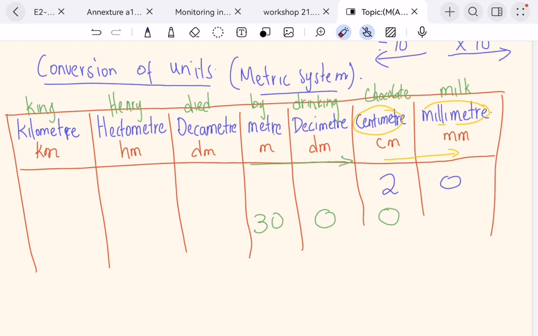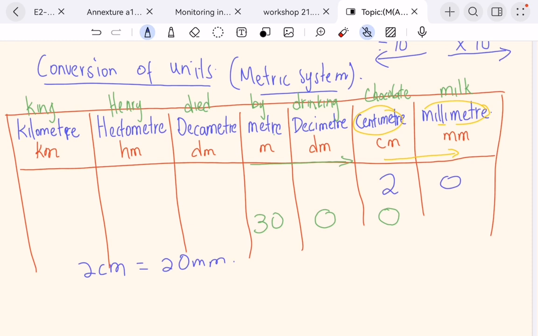For instance, using our ruler, we were able to show that the centimeter is bigger than the millimeter, in the sense that 2 centimeters is the same as 20 millimeters.